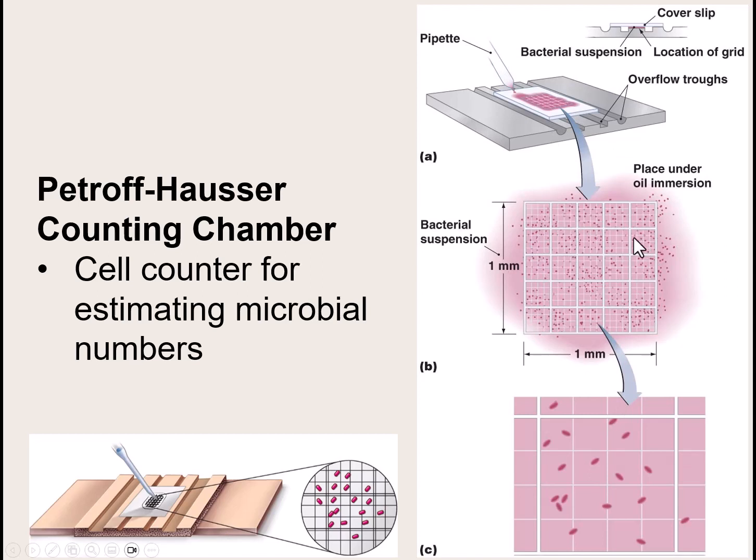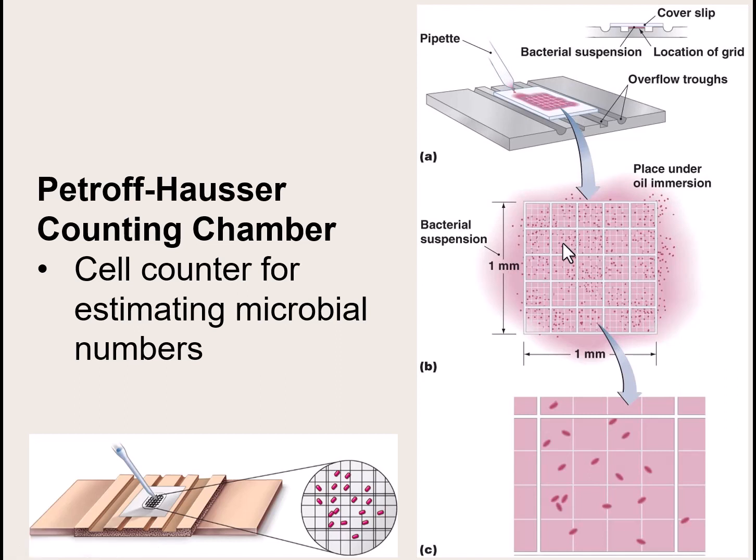So we have a volume right in between that cover slip and slide, and underneath the microscope we can physically count the bacteria in a particular grid, and then we go back and do the math of there being this many bacteria per this much on the grid, and we know the volume in that space, and we can say, okay, well, there's 15 bacteria per microliter of fluid.